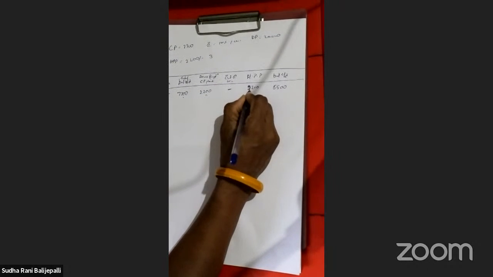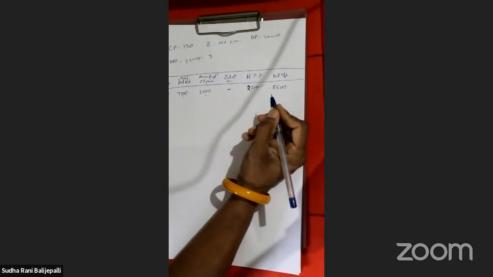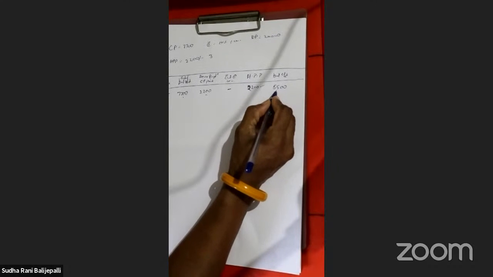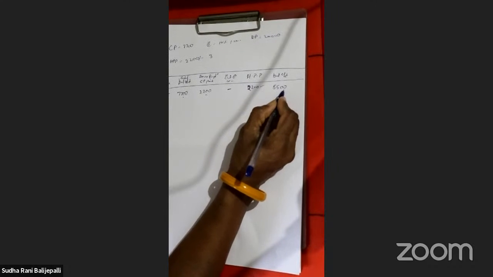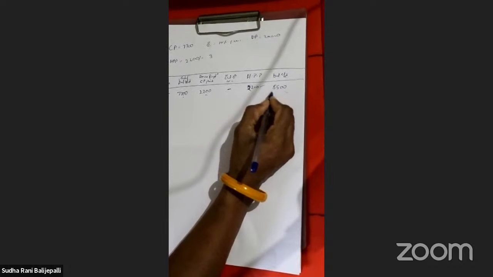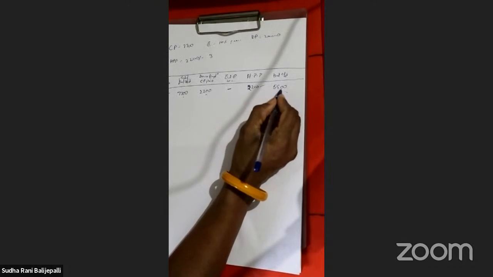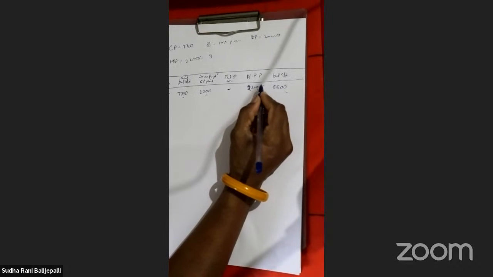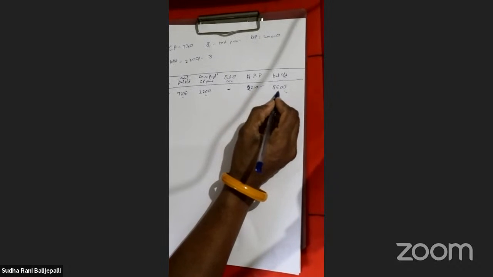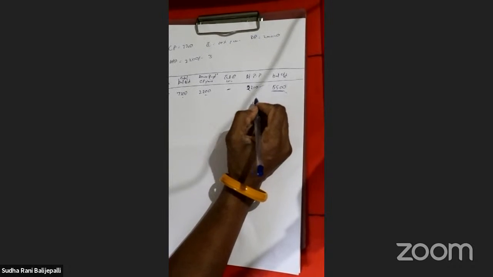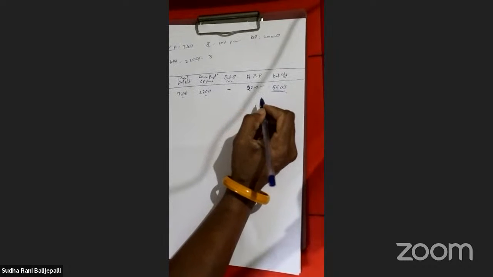Okay, so first installment gone, 2,200. So the balance still to be paid, how much? 5,500. That means this 5,500 is treated as a loan, and upon this interest will be charged. This is the original amount of loan. So every installment is included with the principal amount plus interest. So how do we show that?